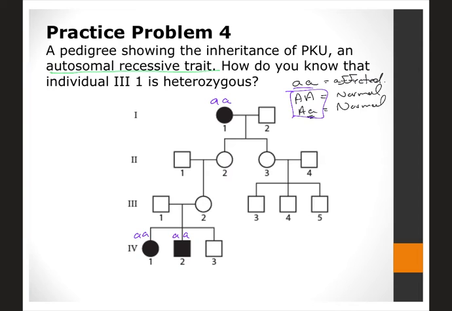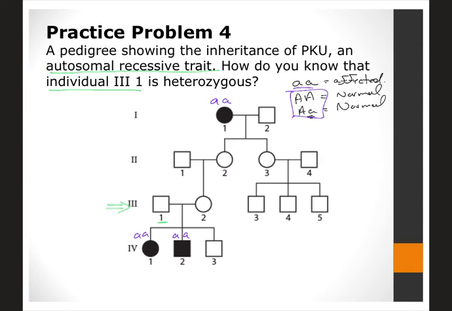So this question specifically asks for individual 1 on generation 3. I'm looking at this man and his wife, and they produced 2 affected kids and then 1 unaffected child.